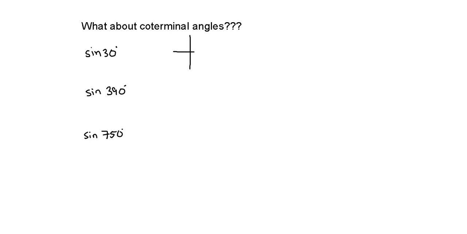So the sine of 30 degrees, pretty easy triangle to draw. It's a 30-degree triangle. Opposite is 1, then the square root of 3, and 2. And what you should say is, sine of 30 degrees is equal to 1/2.